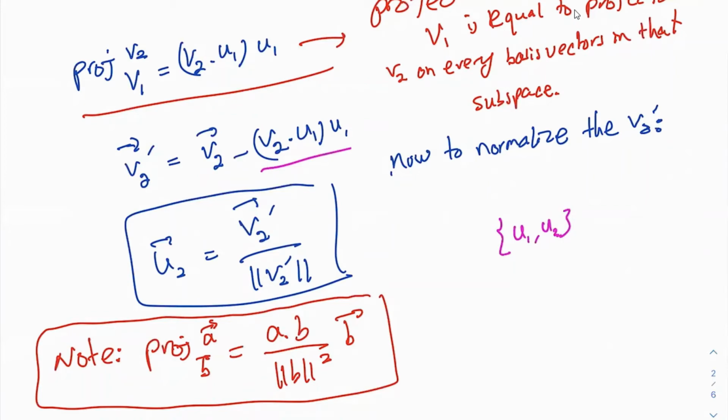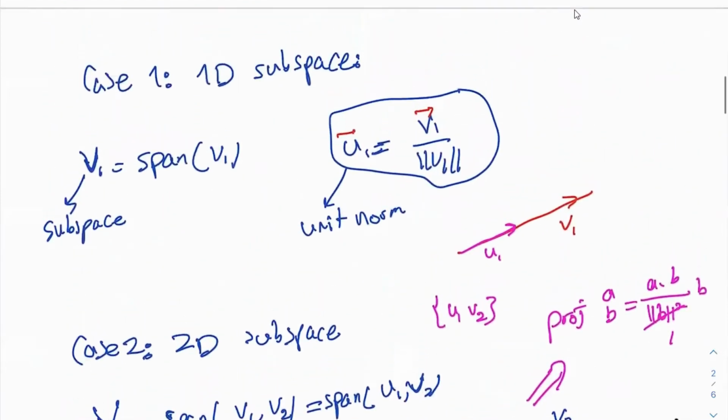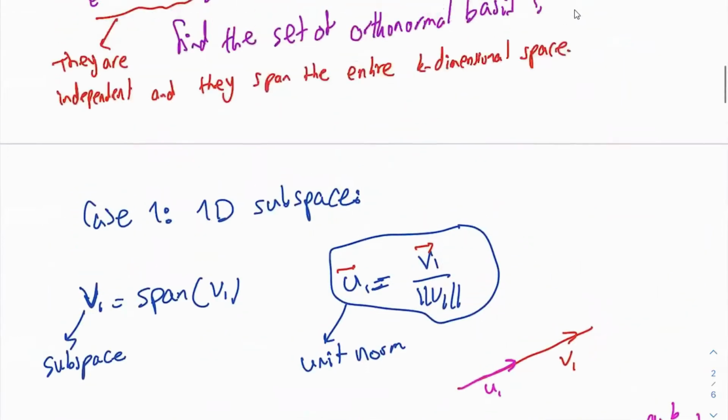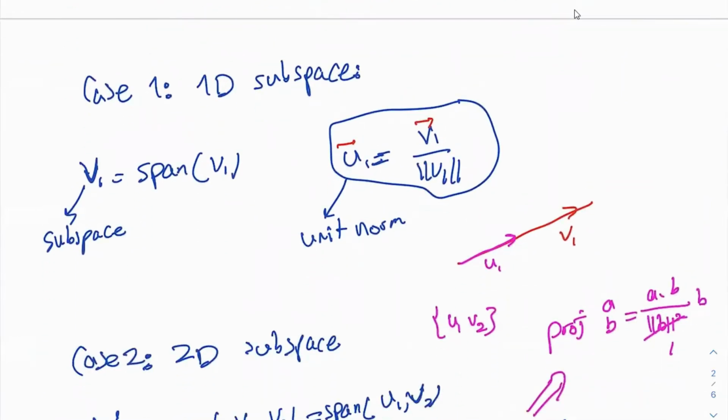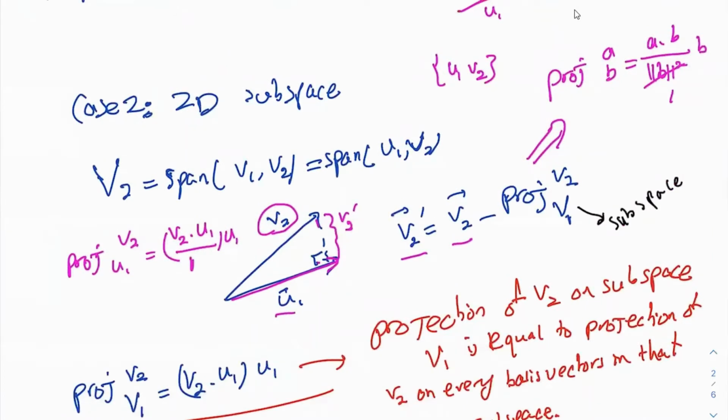Let me just talk about a notation that I have. Here I set the projection of V2 on a subspace V1. Subspace V1 is a space that is spanned by this vector V1, by a line. So subspace V1 is just a line, right? This is a general form that is usually written. It means the projection of V2 on anything that is spanned by this subspace.